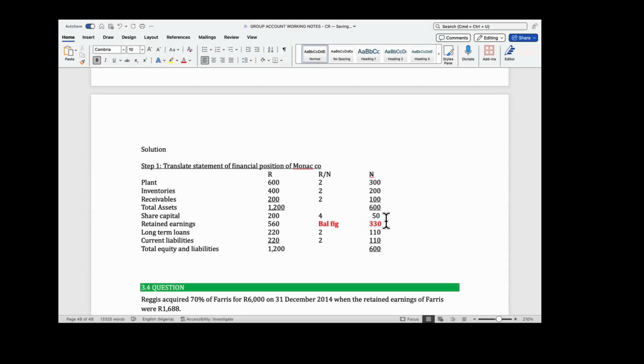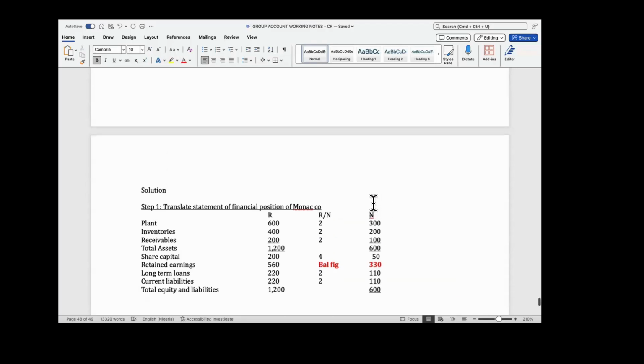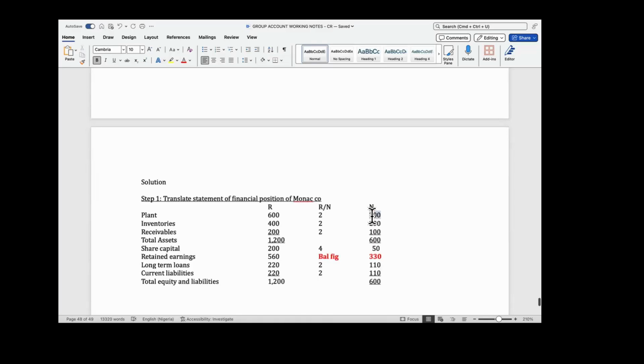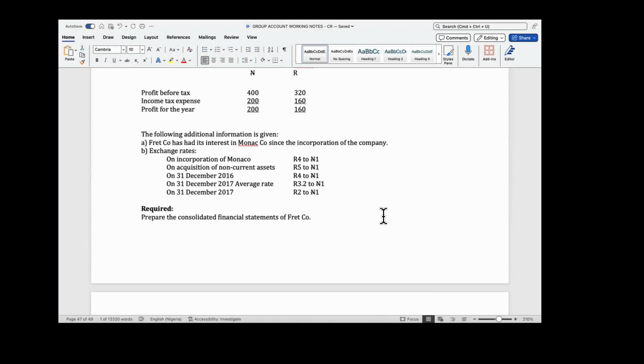Okay. So like I taught you in the last class, you don't want to make mistakes when you are translating. The easiest thing is to know whether you're going to multiply or divide. Like Hussein properly analyzed it.